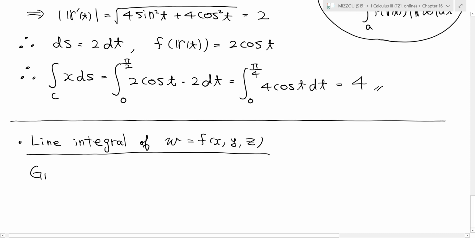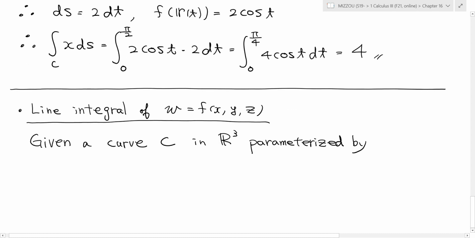Namely, suppose you are given a curve C in R3 parameterized by R of t is equal to x of t, y of t.